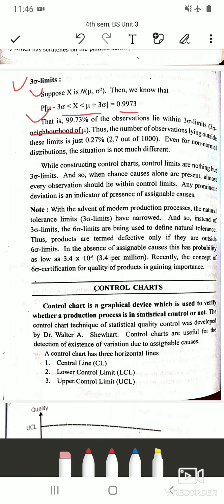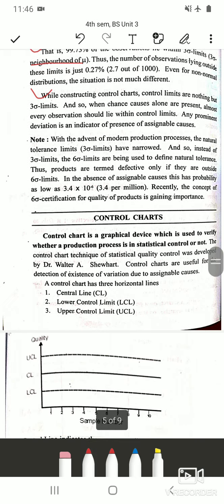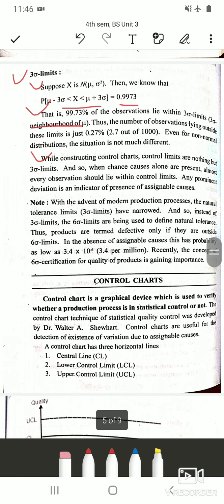So while constructing control charts, control limits are nothing but these 3 sigma limits. You will understand this concept in control charts: we set limits, we take samples, and we check whether those sample values lie between these limits.